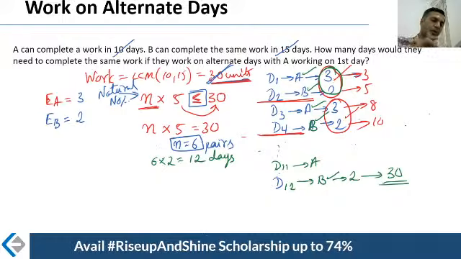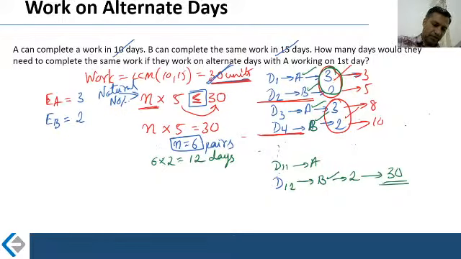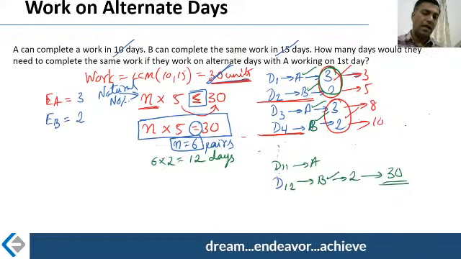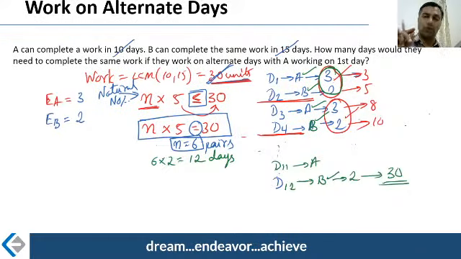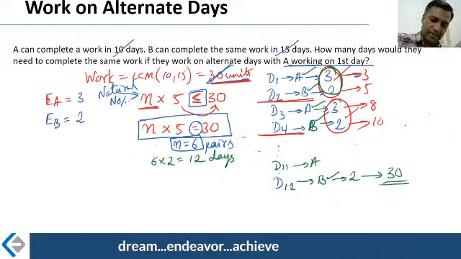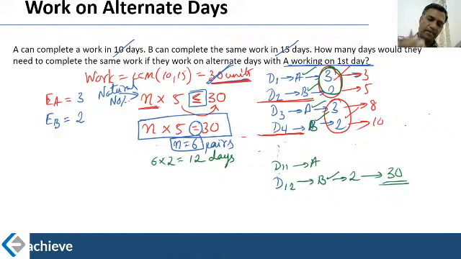Now listen here, the important thing is, when you can put an equal to sign between them, then it does not matter who starts the work. It might not immediately make sense what I'm saying here. Whether A starts the work or B starts the work, the work is completed in 12 days.